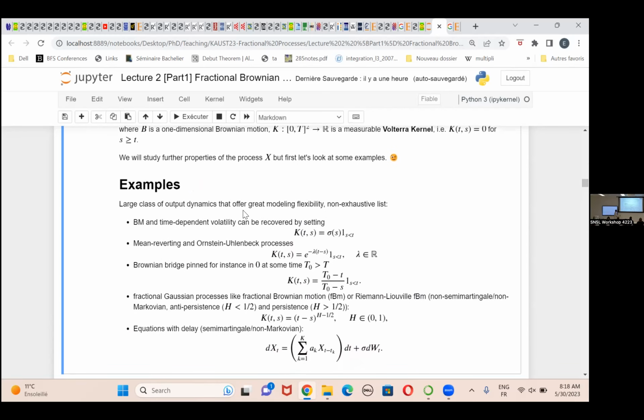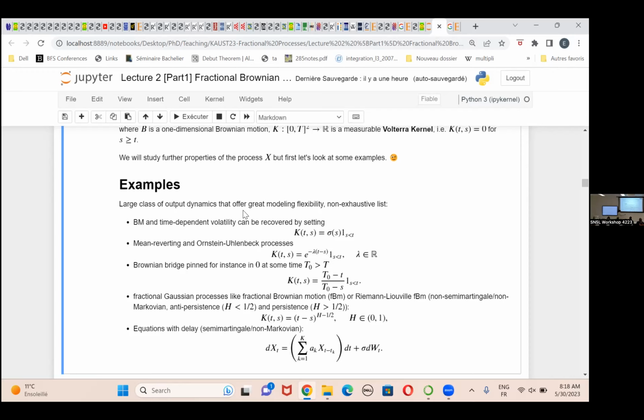If you have an equation with some delay in the drift, you can actually rewrite it as a Volterra equation for some Gaussian Volterra process, for some specific kernel that will be determined by the coefficients. So it's a bit more involved than for the exponential kernel.